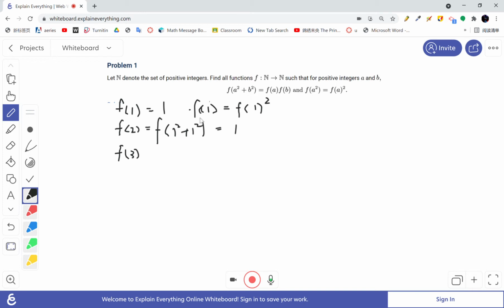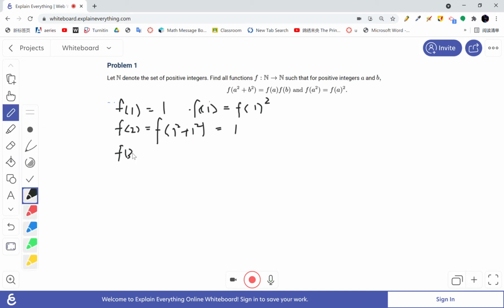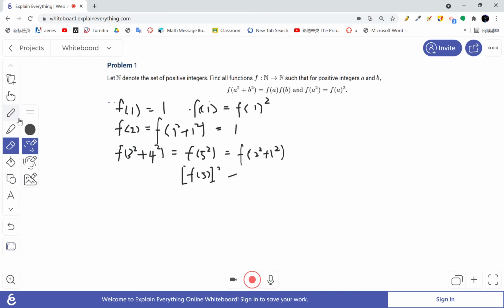But we can use the Pythagorean triple. We can use the fact that f of 3 squared plus 4 squared is equal to f of 5 squared, which is equal to f of 5 squared.